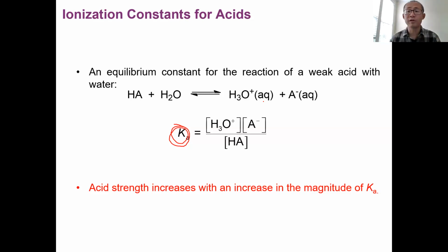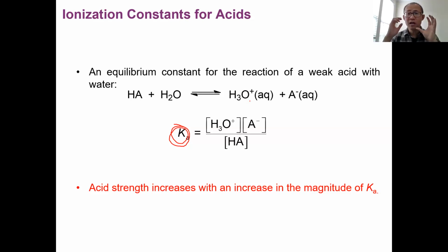So in summary, greater K means more product concentration, means more acid ionized, means the acid is stronger. Or conversely, when the acid is stronger, the Ka will be bigger.